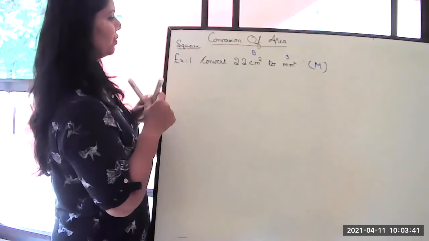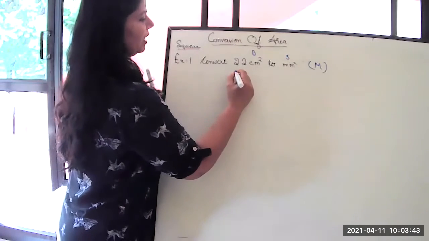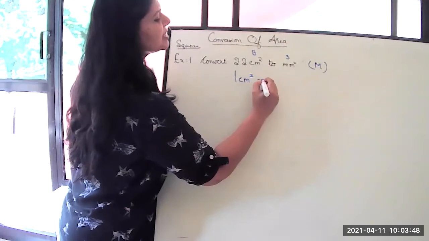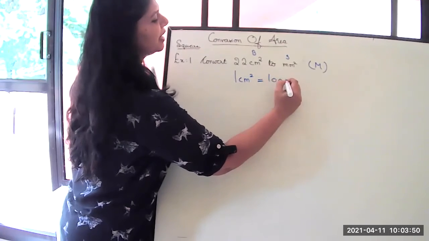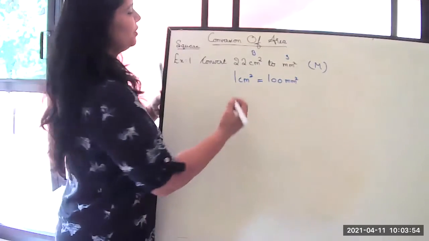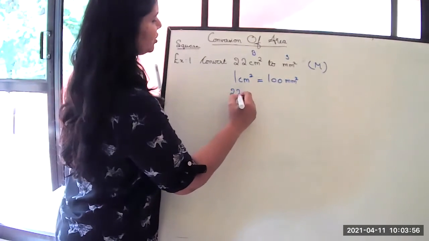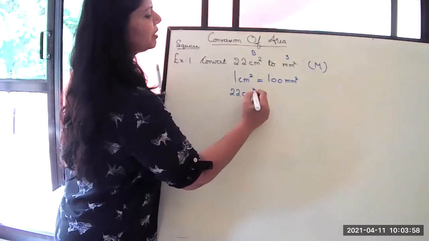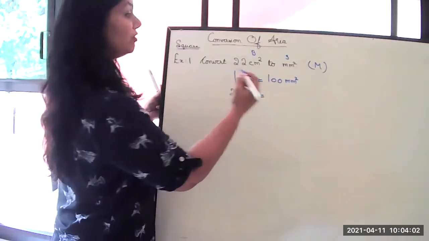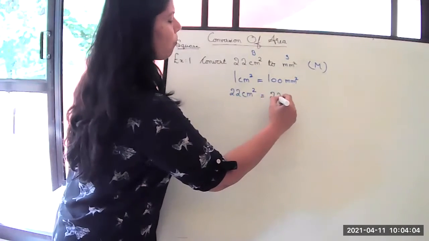So we now learned that 1 centimeter square is equal to 100 millimeter square. So let us write our question. 22 centimeter square is equal to 22. I will write as it is.